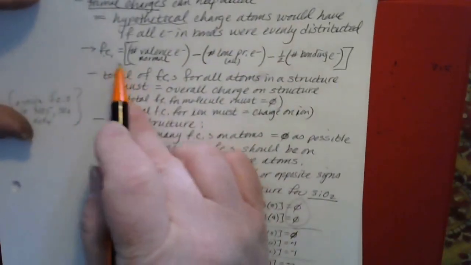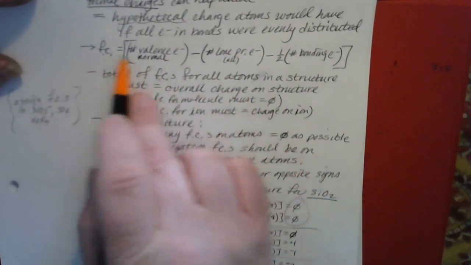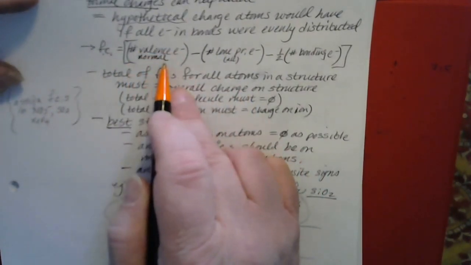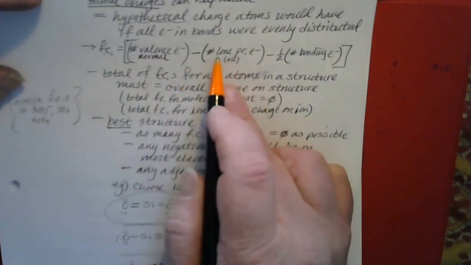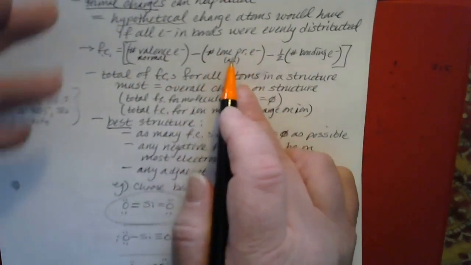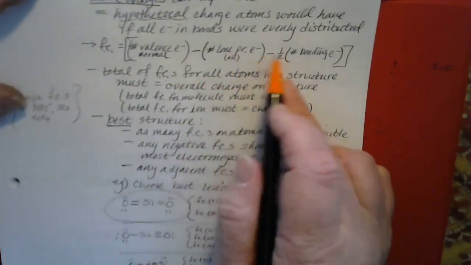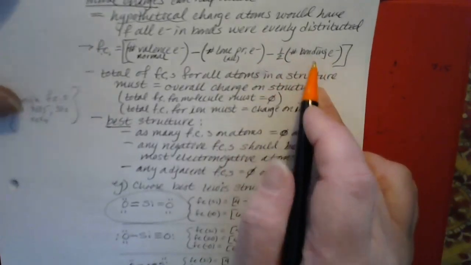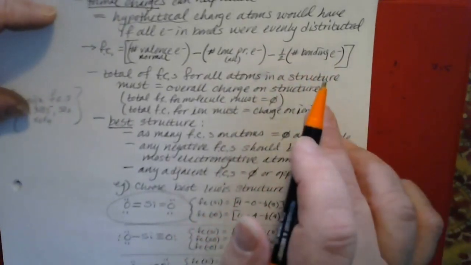And the way you calculate the formal charge for a given atom in a molecule or a polyatomic ion is you take the normal number of valence electrons that that element has, minus all of the lone pair electrons on that atom in the Lewis structure that you've drawn, minus 1/2 of the bonding electrons. So remember, each bond consists of 2 electrons.